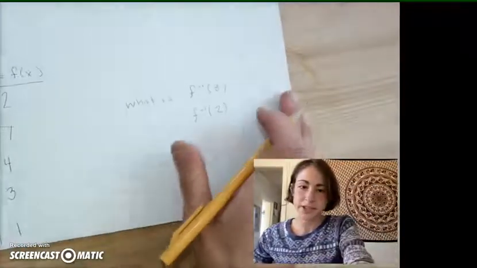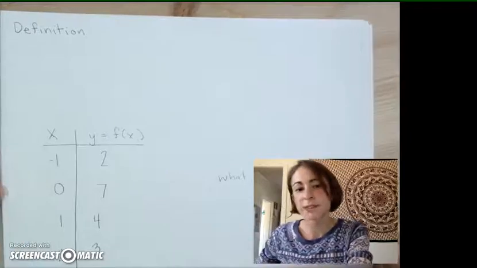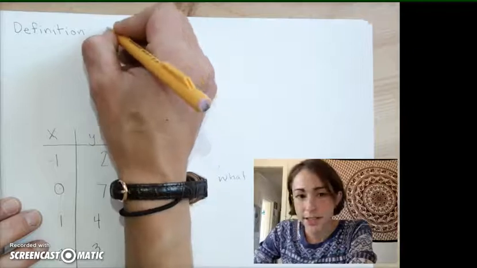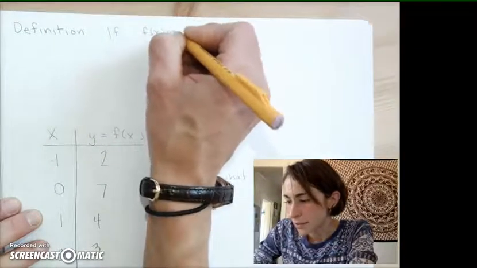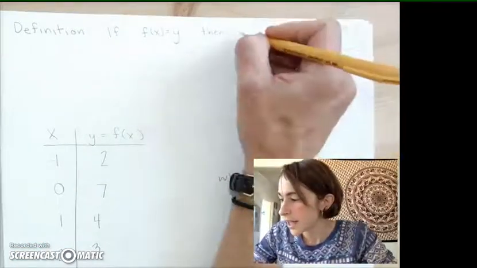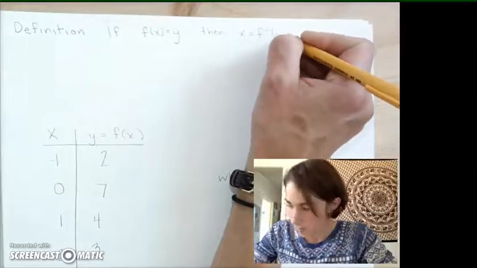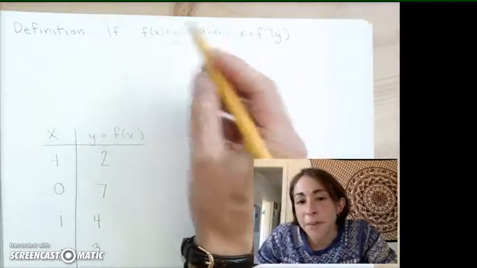Let's give a definition now for inverse functions, now that we've done a couple examples. And we'll see more examples for how to compute them in a later video. So the definition is, if f of x equals y, then x equals f inverse of y. So this is a very basic definition.